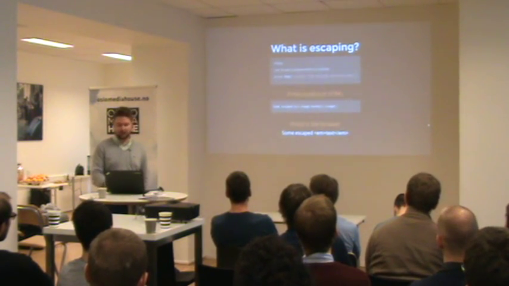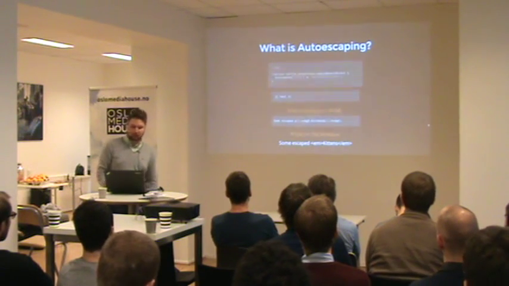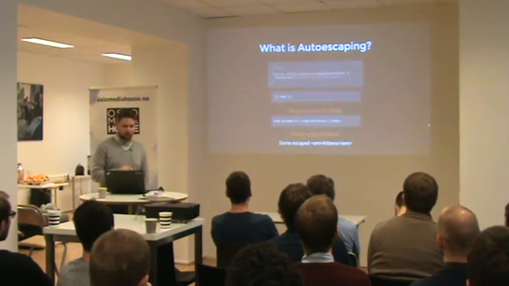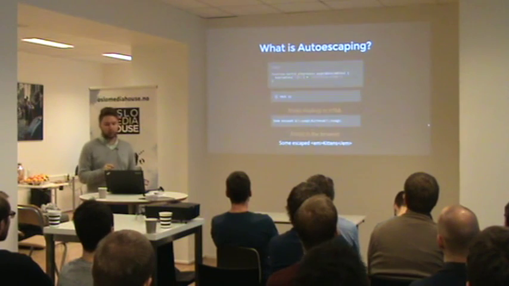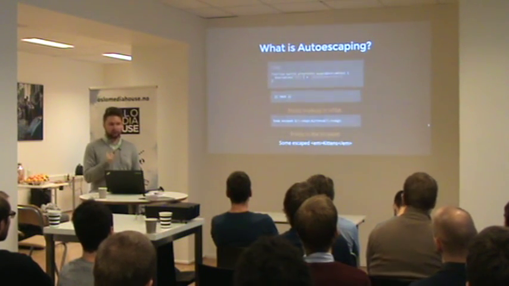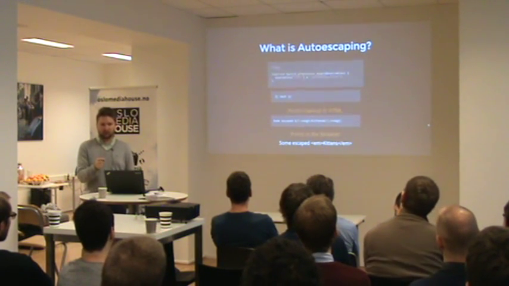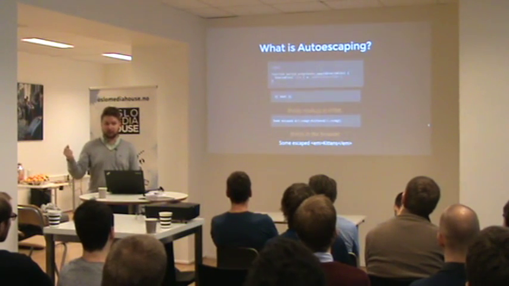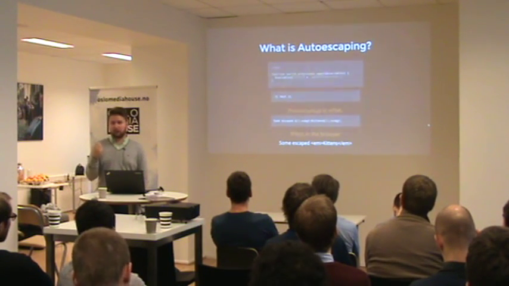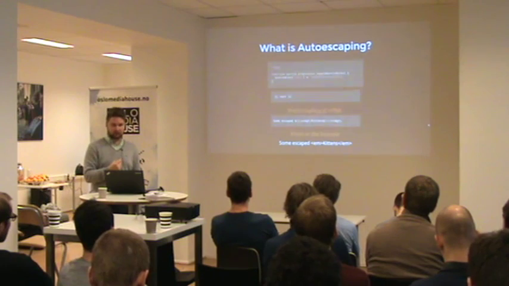PHP is not good at managing auto-escaping, but Twig instead is pretty good at that. What auto-escaping is: for every string we print inside Twig, we escape automatically, so that you don't have to care about escaping yourself.